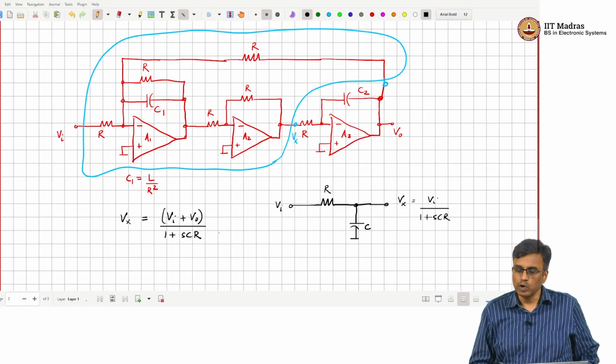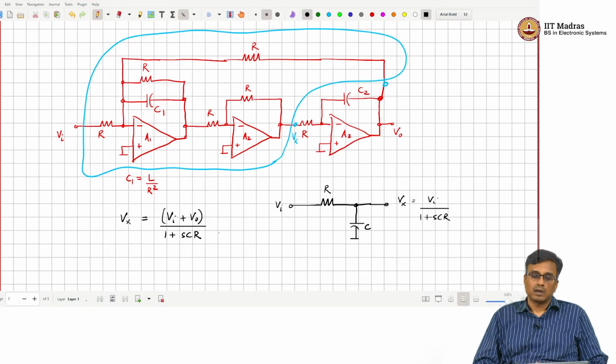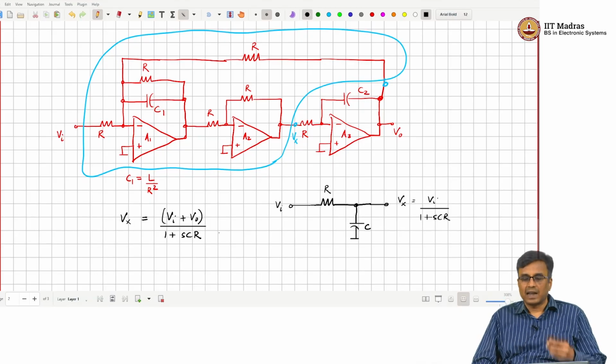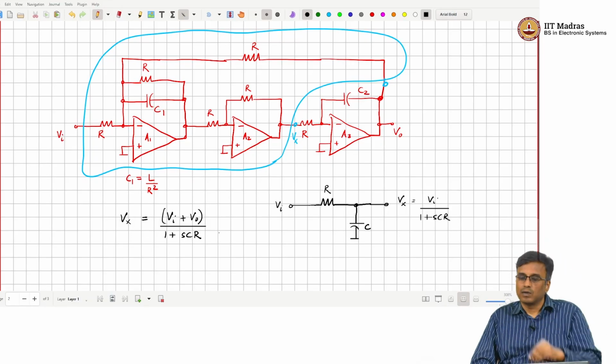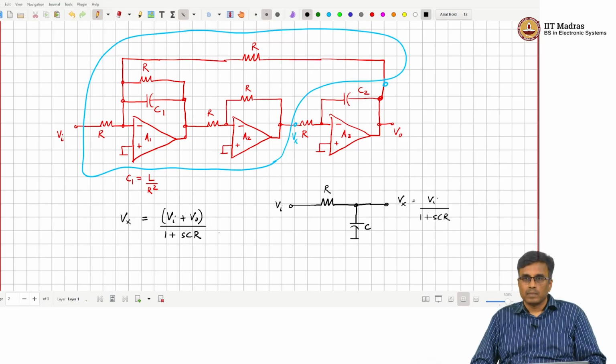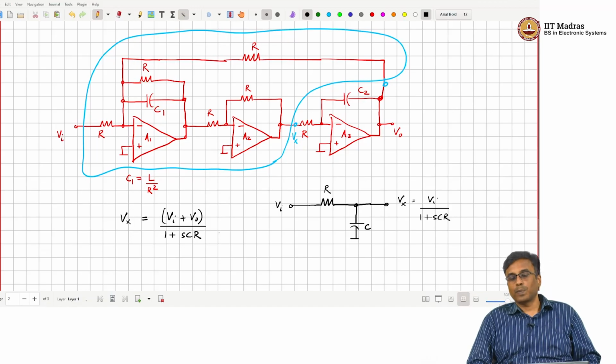Now I have two inputs Vi and Vo, and I need to add them, and I need to low pass filter their sum.